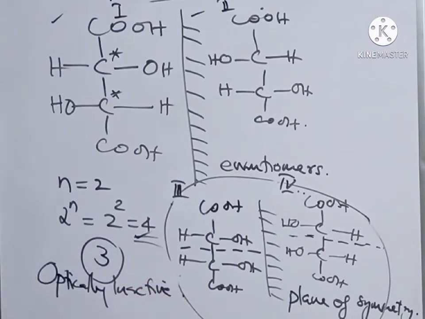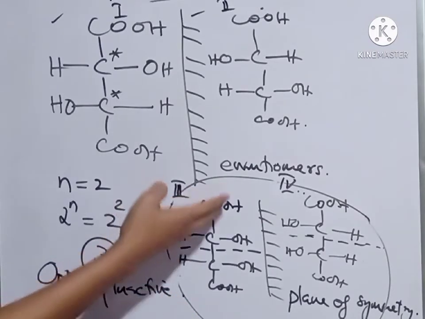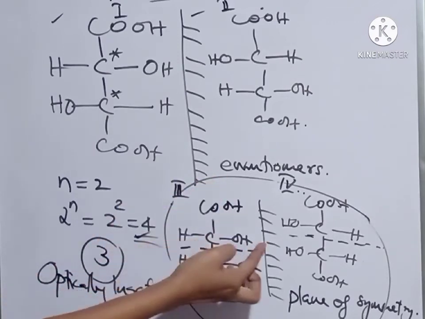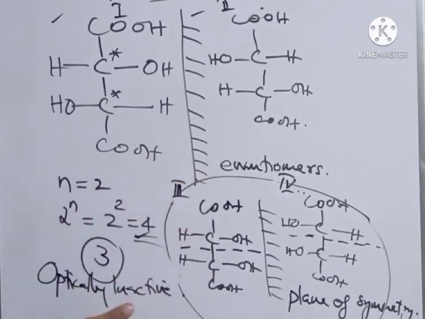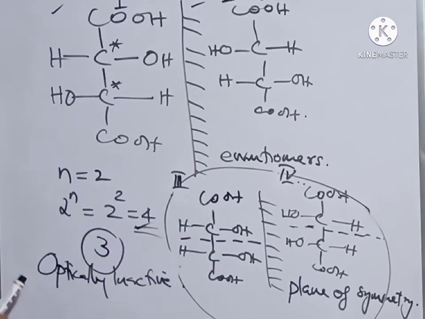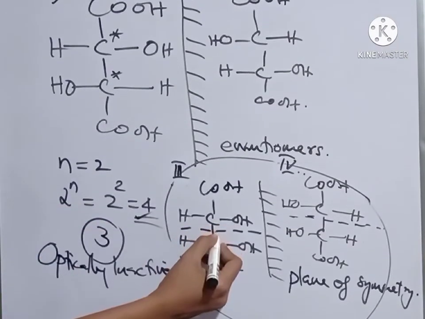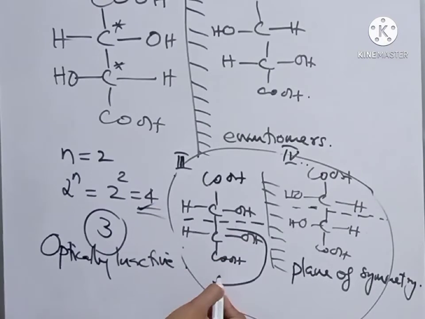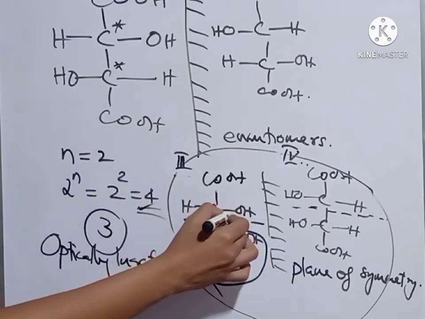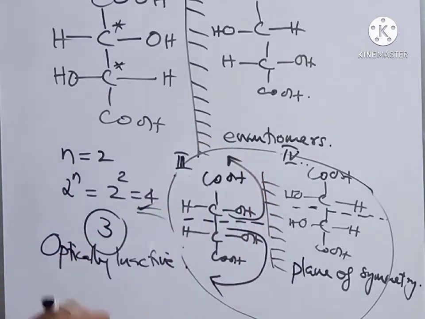The reason behind this is, here the plane passing through the center of this molecule cuts the molecule into two identical halves. And if plane polarized light is passed through this molecule, one of the halves rotates the plane polarized light in a clockwise direction and the next half rotates it in the opposite direction.